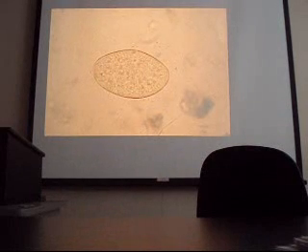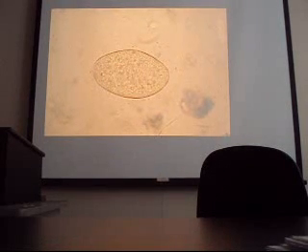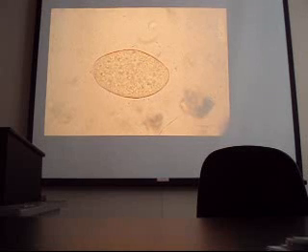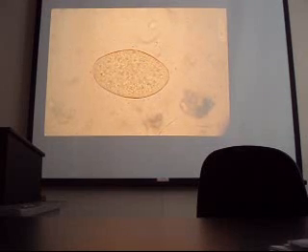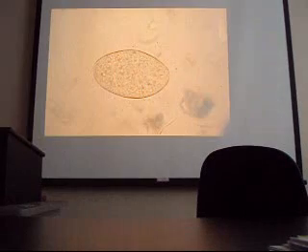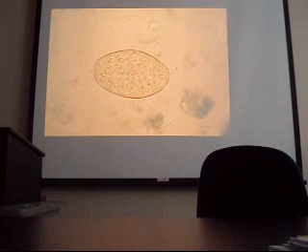Okay. Then we go into Fasciolopsis buski. It looks like Fasciola hepatica. Both of them are liver flukes. And they have a very inconspicuous operculum right there. Size, mainly size.